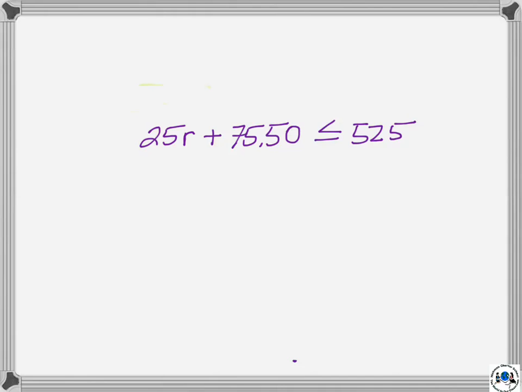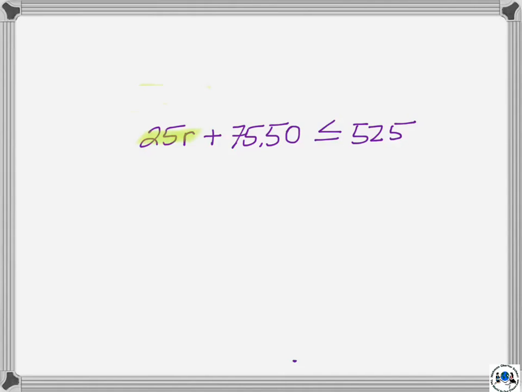Okay, so here is our inequality written. We have 25R because that is the $25 per day charge to rent. I used R for the rental of the car; you could have used anything else.